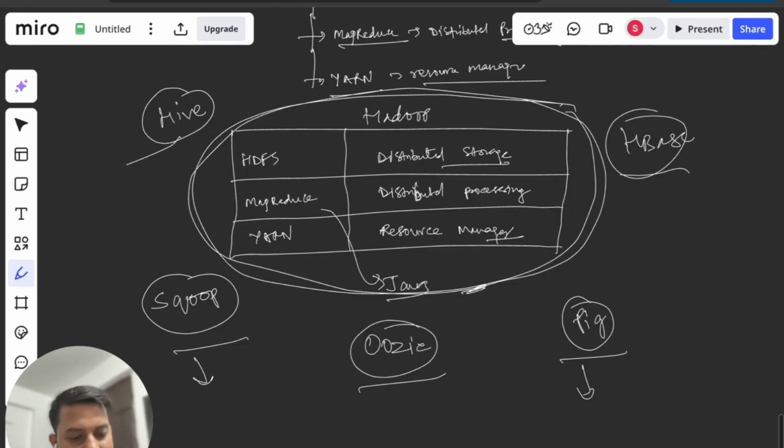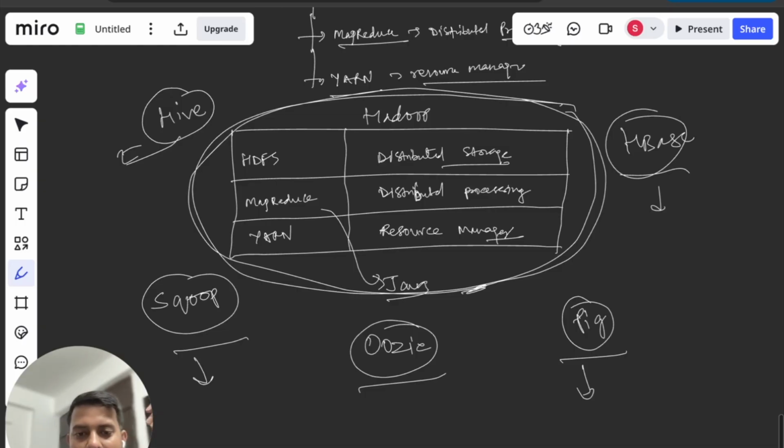And next we have Hive. Hive is a SQL-like interface to query the data. When you want to query the data, you can use that. Next is HBase. HBase is a NoSQL database for quick lookup.